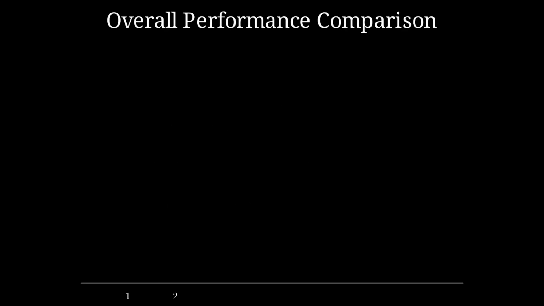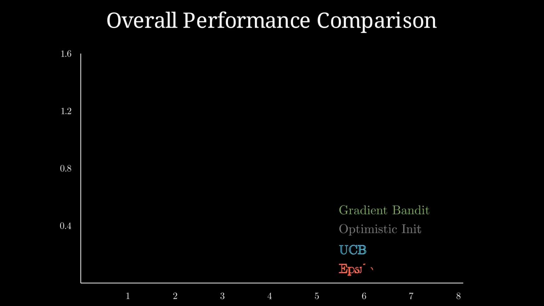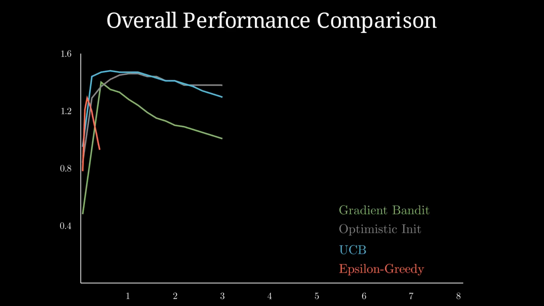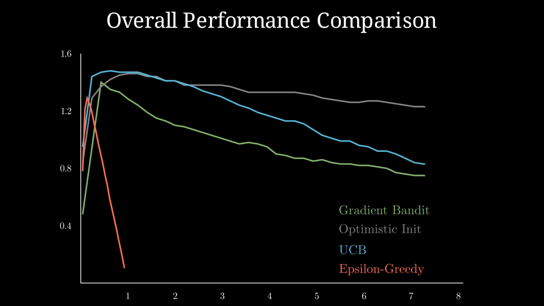Comparing the performance of these methods required tuning their respective parameters. To evaluate effectiveness, each method was applied to the multi-armed bandit problem across 1,000 runs of 1,000 time steps, measuring the average reward over time.